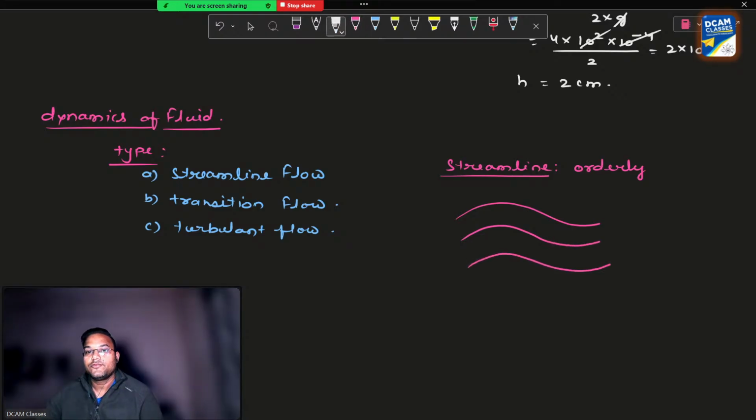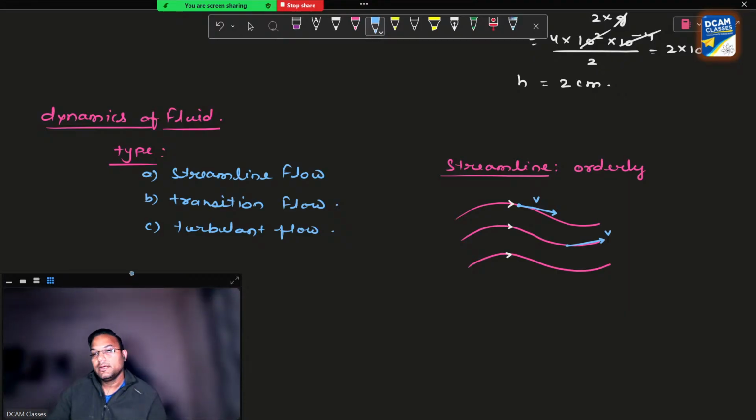Fluid actually flows in the form of layers, like this, one above the other. If you want to find out the velocity at any point, you just draw the tangent. You will be able to get the velocity at that point. Okay, this is streamline flow.